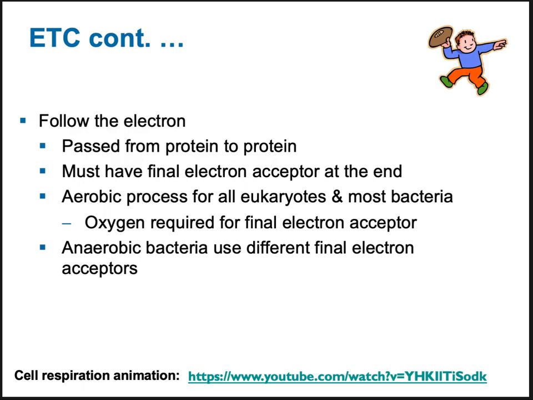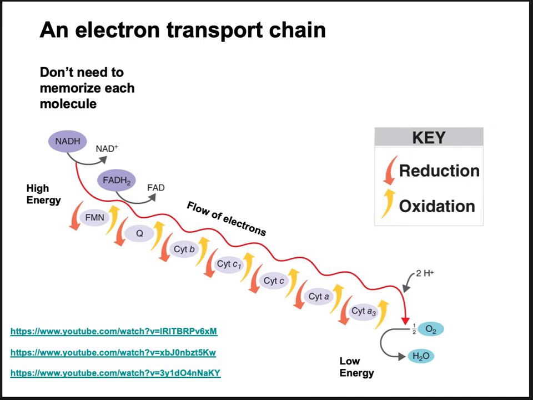And so as we see that electron passed over and over again, we get to pump those hydrogens across and make ATP. So this is, again, don't memorize all the specifics. I'm not going to test you on the names of the different molecules that you're passing the electrons to.